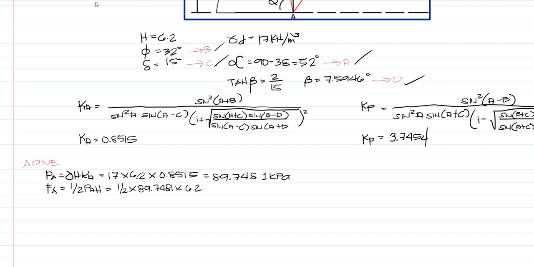So our FA will just be equivalent to a value of 278.2191. So this is in kilonewton per meter. So ito na ngayon yung isa nating hinahanap na F sub A.